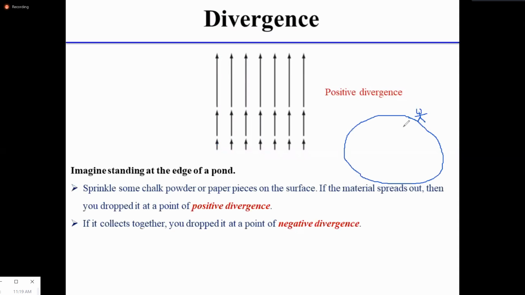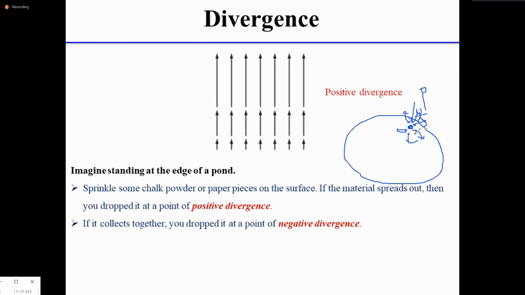And suppose he puts some paper pieces or probably chalk powder in the water, and at the location where the chalk powder has been put, if the chalk powder starts to spread out, or the paper pieces start to spread out in the water, then we can say that the location where the person has put the chalk powder or the paper pieces has got a positive divergence.